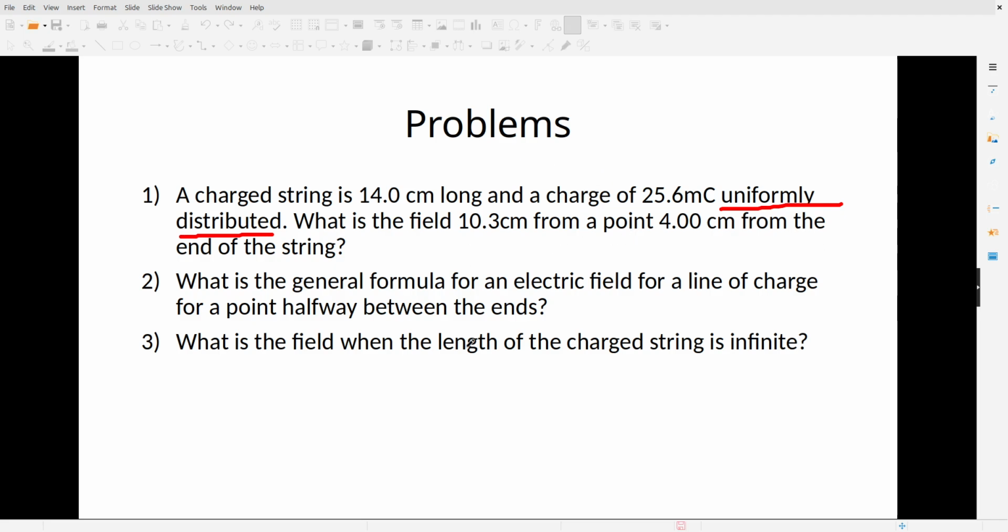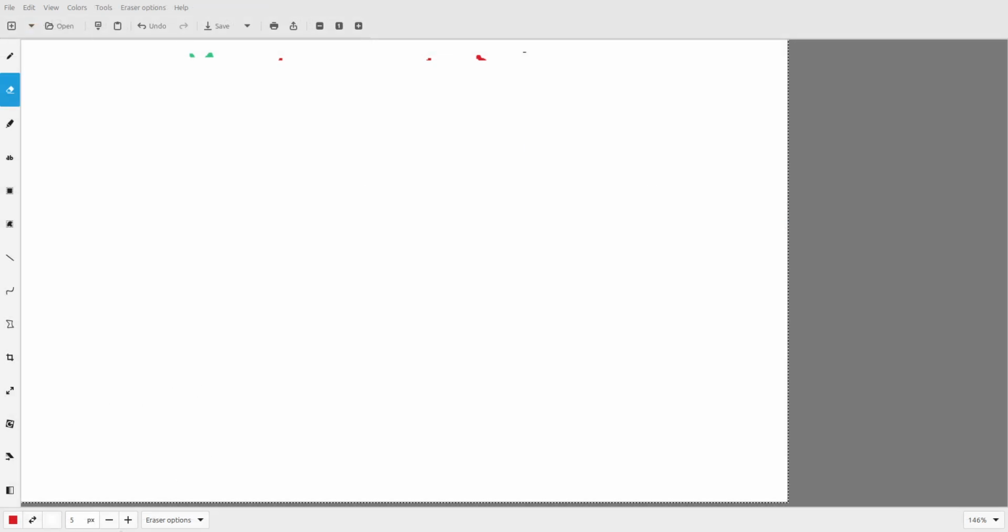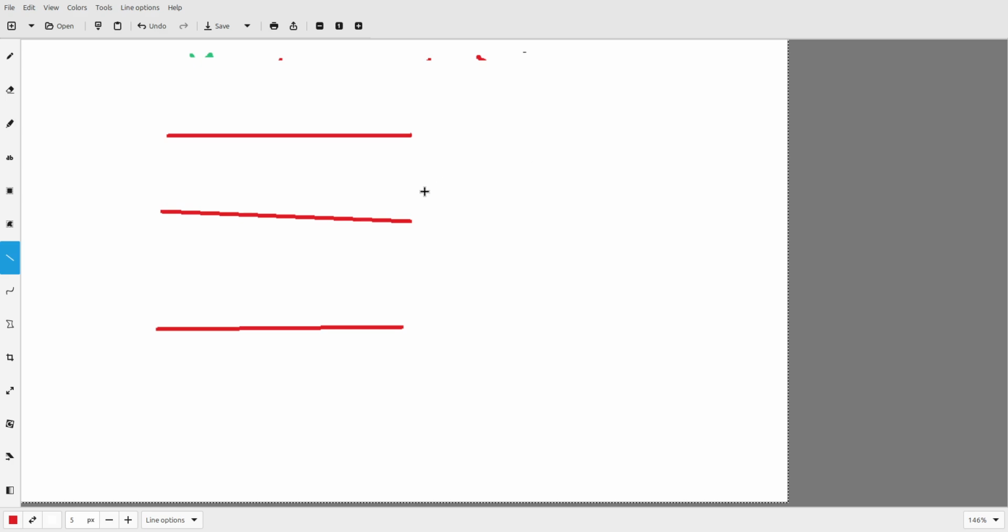So, let's look at how we're going to do this. And again, we've got our, let's say, our string here. I can't draw a straight line. There we go.